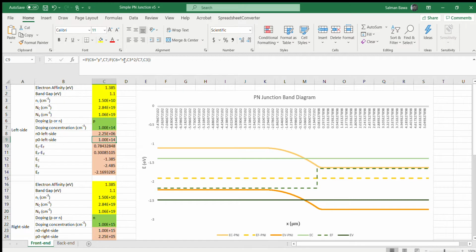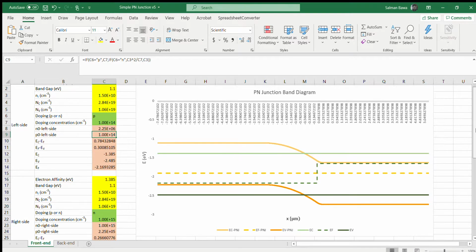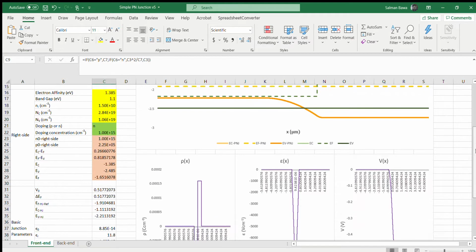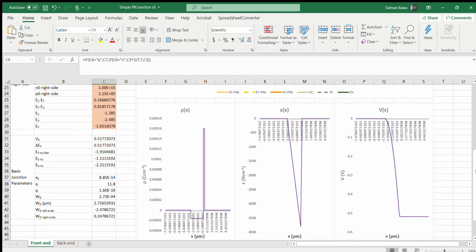You would see the graphs change, and you would see that the width of the depletion region on the left side would now be more than the width of the depletion region on the right-hand side. And this is something that would be confirmed in the plots of the charge density, the electric field, and the potential.